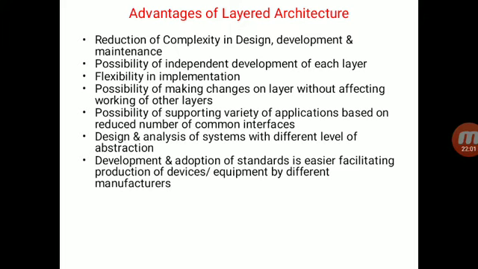There is also a possibility of supporting a variety of applications based on a reduced number of common interfaces. Again, this is an example we have already discussed. Design and analysis of a system with different layers of abstraction is possible.